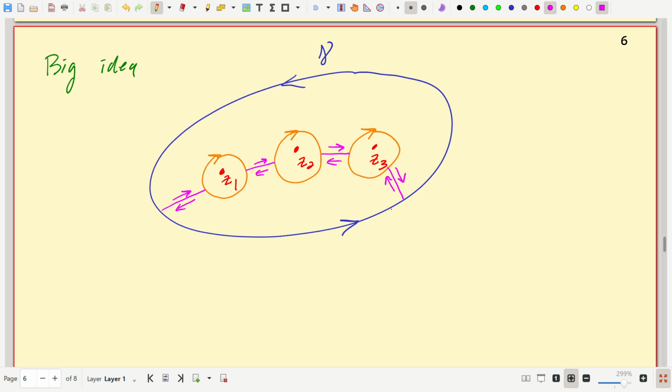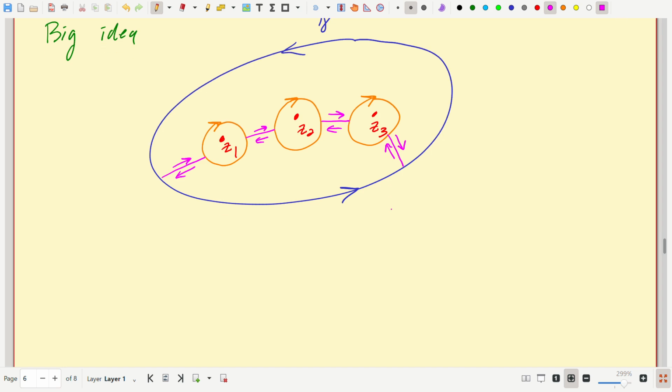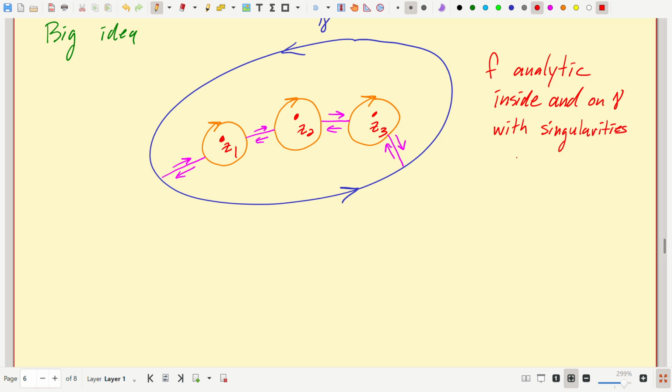Then when you look at that, and so if I were to add, I have an f analytic inside and on gamma with singularities at the zj's.